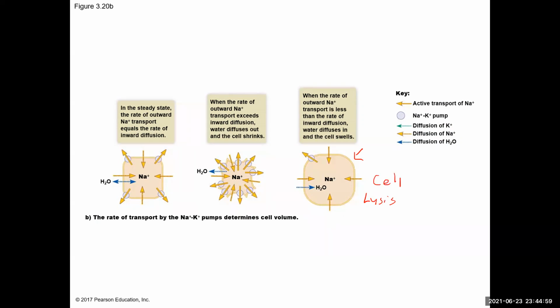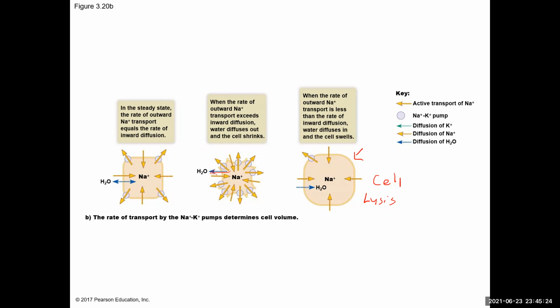Right? Or if there is a lot of solute on the outside, then the water will move out and the cell will shrivel. And then if the solute concentrations are equal, then you'll have an equal rate of water moving in and water moving out, which is on the left-hand side, so the cell will keep its volume, okay?